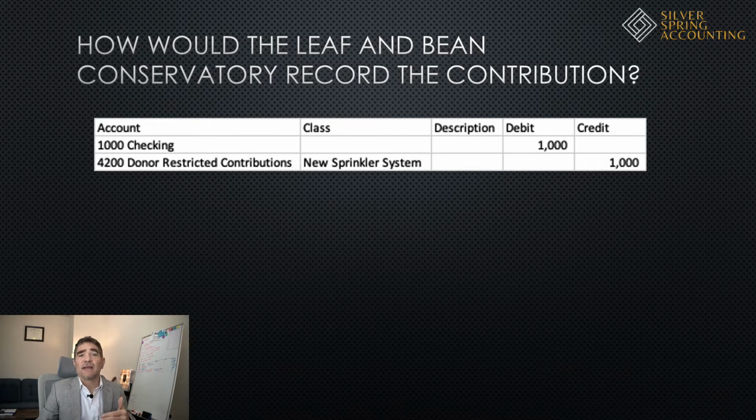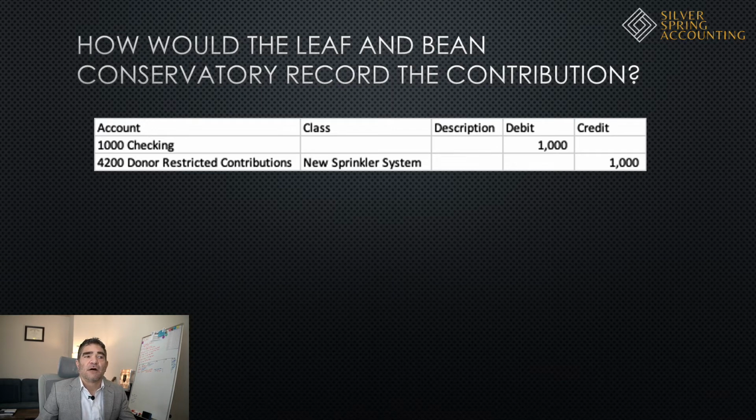And for tracking purposes, we'd like to record it into a class that we create called New Sprinkler System, or we could call it Sprinkler System Campaign, something like that. And this will allow us to better track it for our net assets calculations, and just to know how much we have available for this. We could also tag it and then just run a filter on that tag as well.